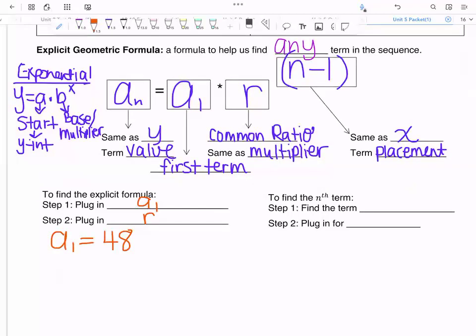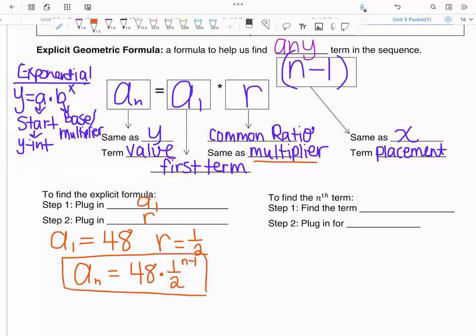That was our first bounce, was 48. And then we were multiplying by 1/2. So remember, this is our multiplier. So we are dividing by 2, but it's always in terms of what we're multiplying by. So our first term is 48 times our common ratio to the n minus 1. And that is our explicit formula. There's nothing we can do to simplify that.